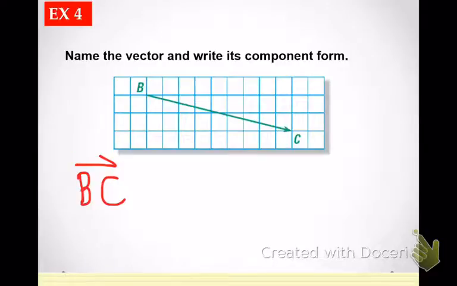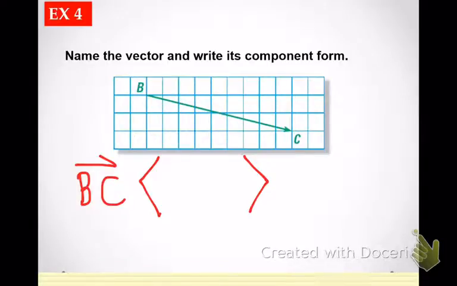And then the vector component form is, instead of parentheses, you use these angular parentheses. And then for the first value, the x value, you put how far horizontally it goes. If it goes to the right, the number would be positive. If it went left, it'd be negative.